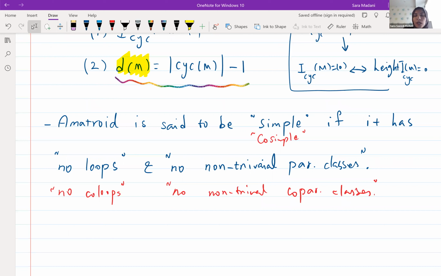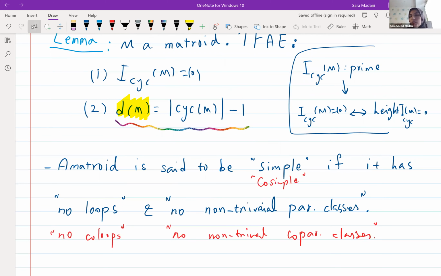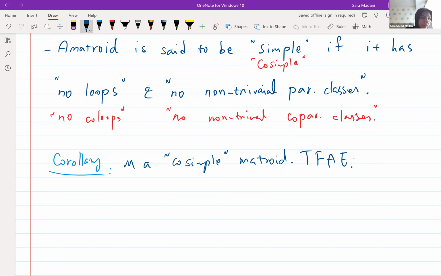Right now, I want to repeat the above lemma, to have a criterion for vanishing of this ideal, but not for any matroid, because I was interested in having this D M more readable from the matroid. So I repeat this lemma for co-simple matroids. As a corollary, if M is a co-simple matroid, then the following are equivalent.